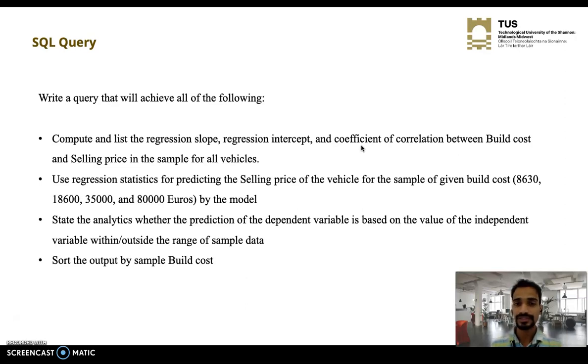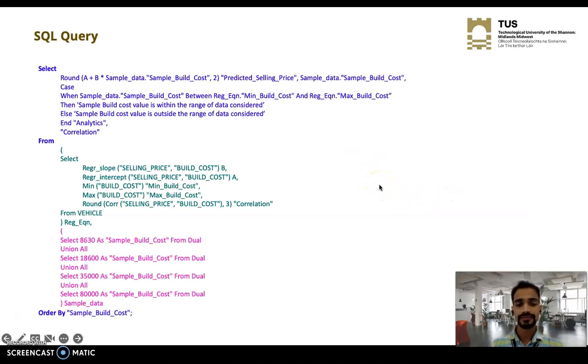If no correlation exists between the two variables, then of course we cannot go to the regression analysis. The regression equation is applicable only if some kind of correlation exists between the variables. So now let's go to the query part.